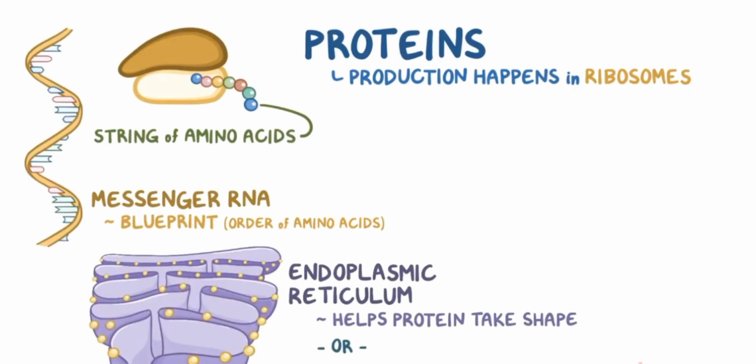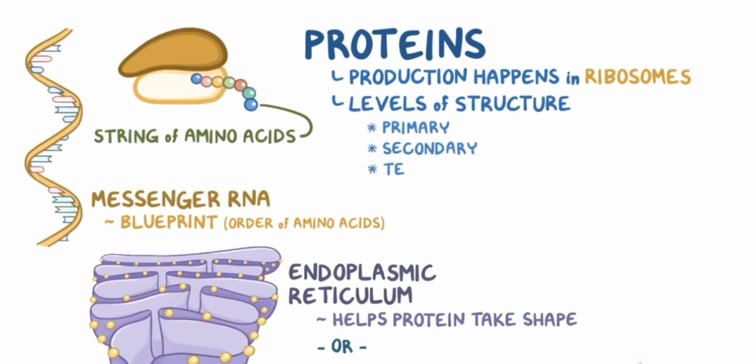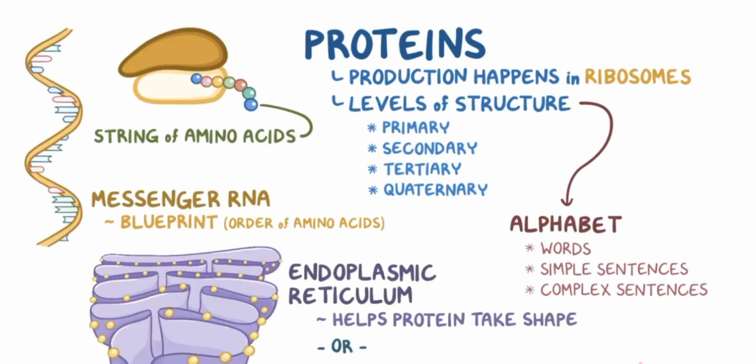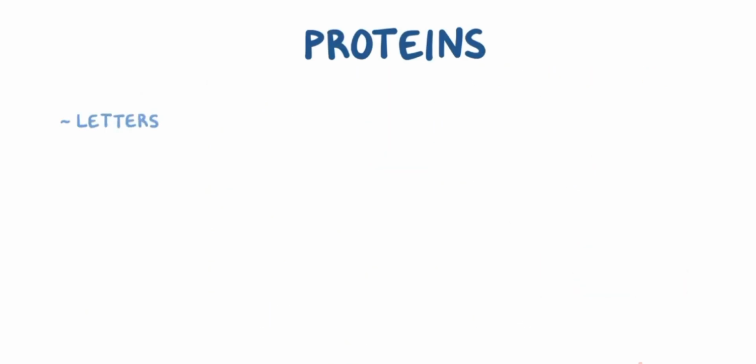Now, the proteins have multiple levels of structure to them: primary, secondary, tertiary, and quaternary structure, creating a hierarchy. As an analogy, think about the alphabet. It can be used to create words, which can make simple sentences, which can further be made into complex sentences. As an example, the letters themselves would be considered the primary structure.